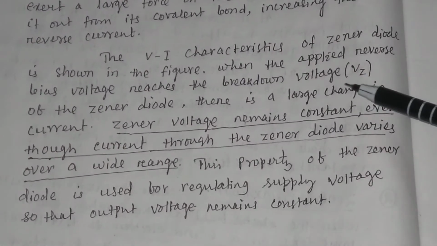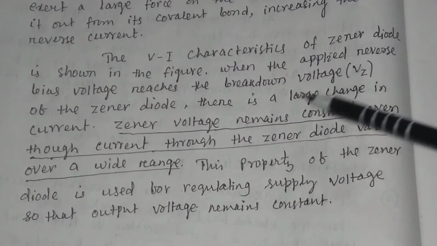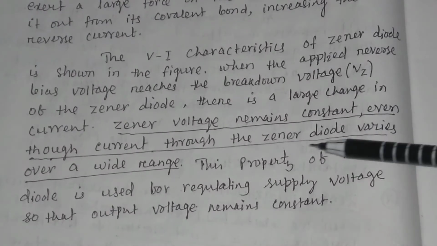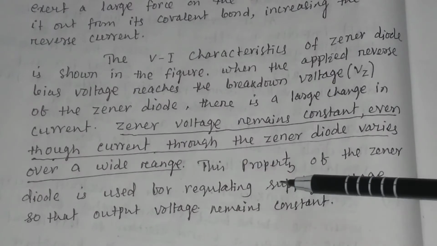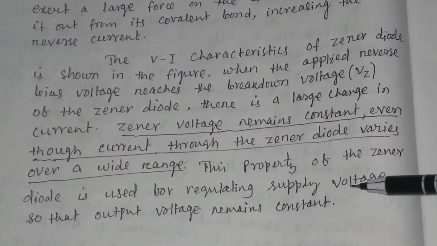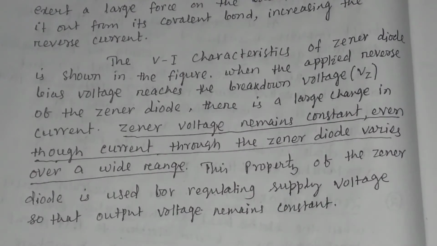At the breakdown voltage Vz of the Zener diode, there is a large change in the current, but the Zener voltage remains constant. This property is used for regulating supply voltage so that the output voltage remains constant.